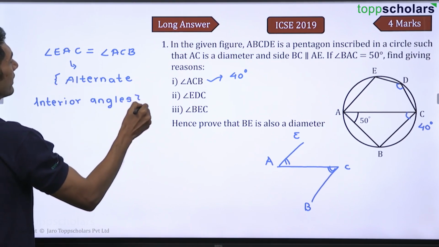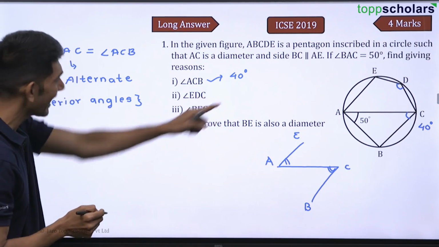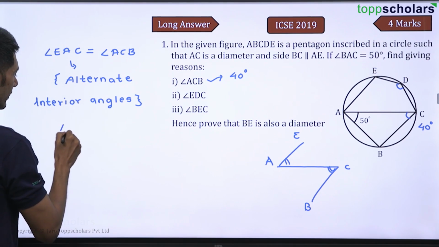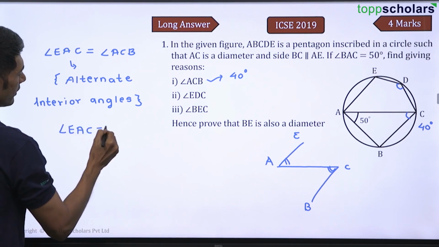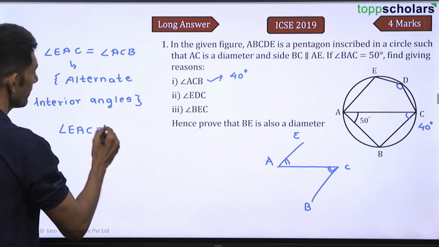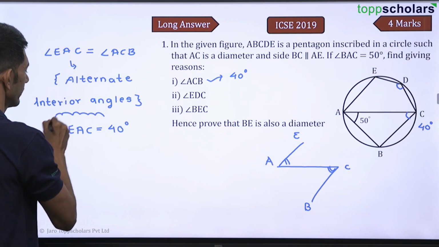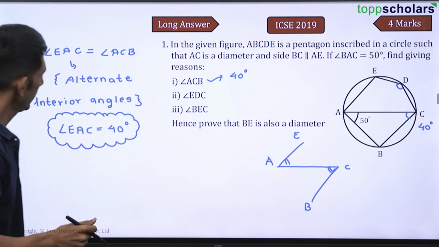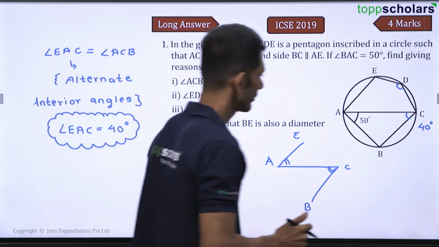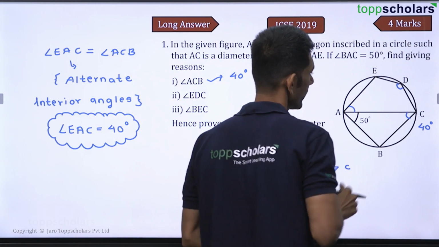Alternate interior angles are equal. Okay. So can I say that angle EAC is equal to ACB, which is 40 degrees. Correct? EAC will be 40 degrees. So this is 40 degrees.